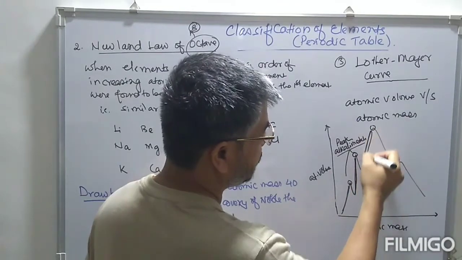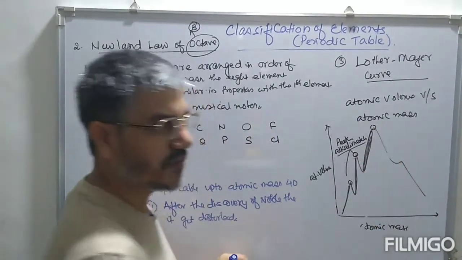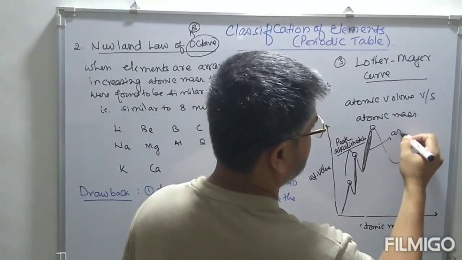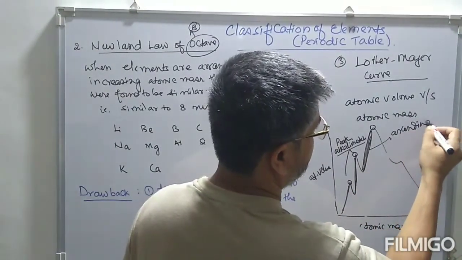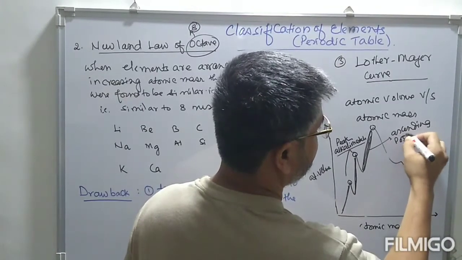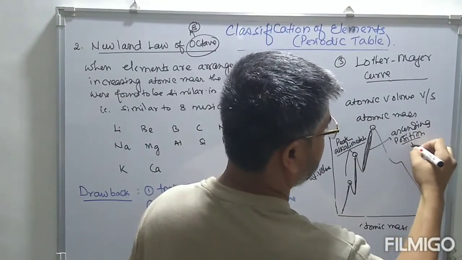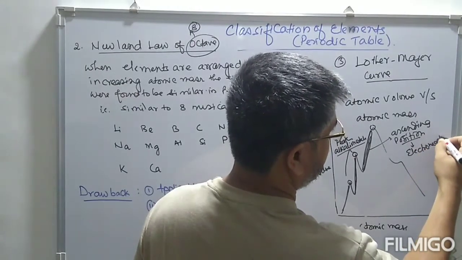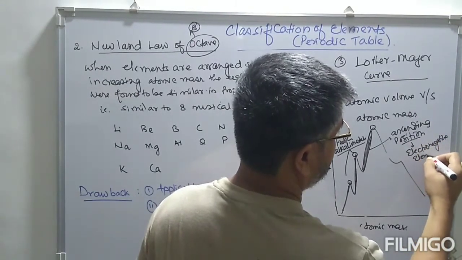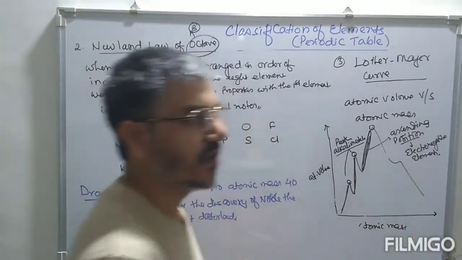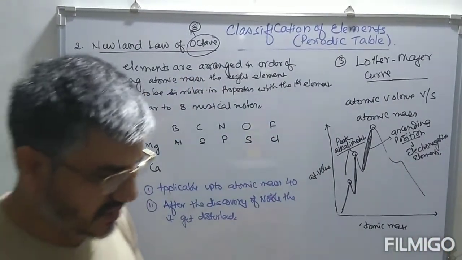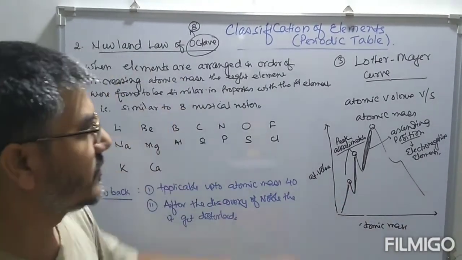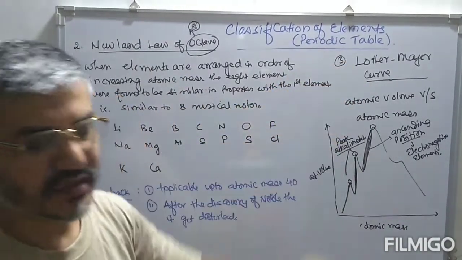All these ascending positions were occupied by electronegative elements. So elements with similar properties were found to occupy similar positions in the graph of atomic volume versus atomic mass.